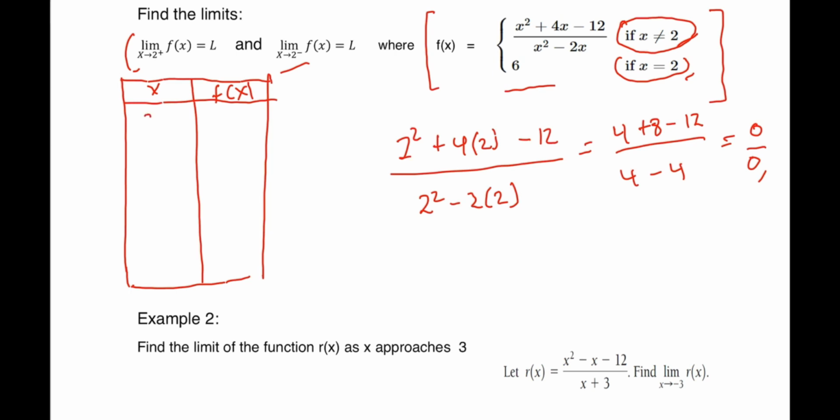So we have 3 here, and then what interval do you want to use? An interval of 0.1, or 0.2? In this case, I would like to use an interval of 0.2. So my next value will be 2.8 because I'm approaching 2 from the right.